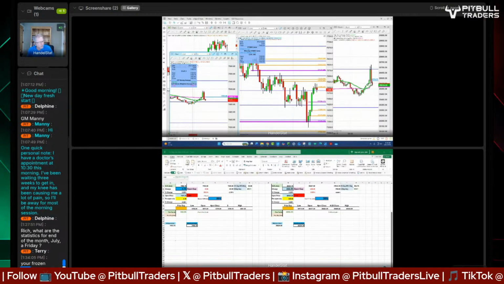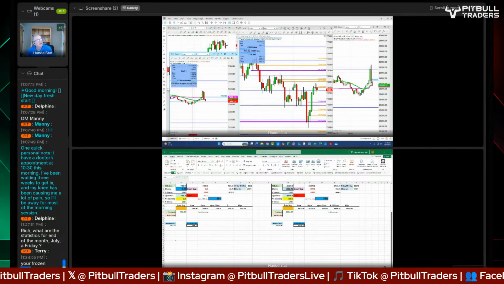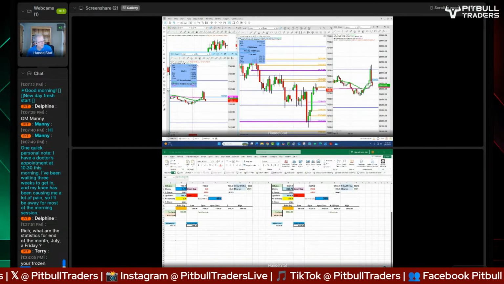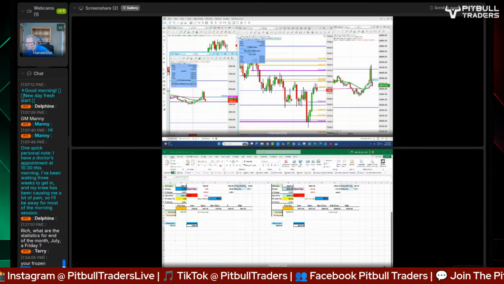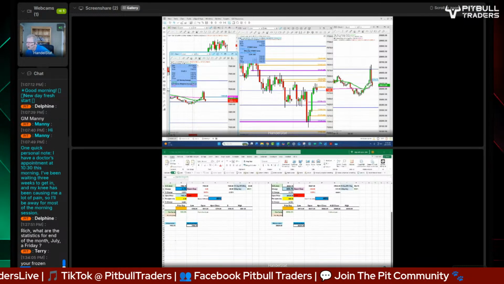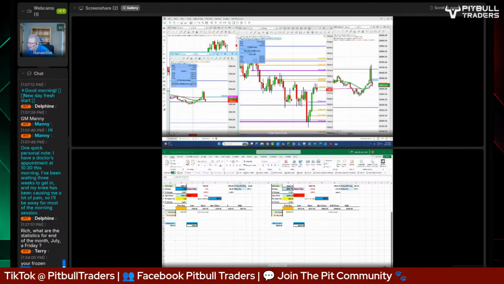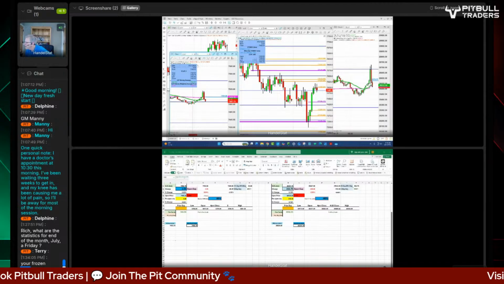So here comes the gap fill in the SPU. And the ES or the NASDAQ has a lower probability of gap fill. Let's see, I can do this now. We still got a ways to go here.